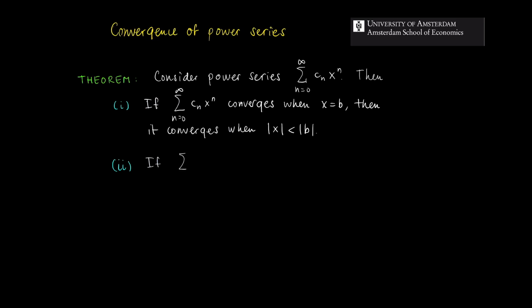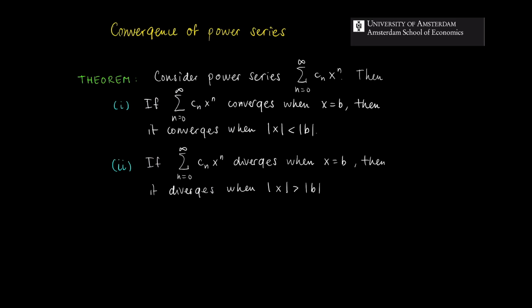So if we would know that the power series diverges for some element, x equal b, then it will also diverge when the absolute value of x is larger than b. This basically shows that power series are convergent on symmetrical intervals around 0.